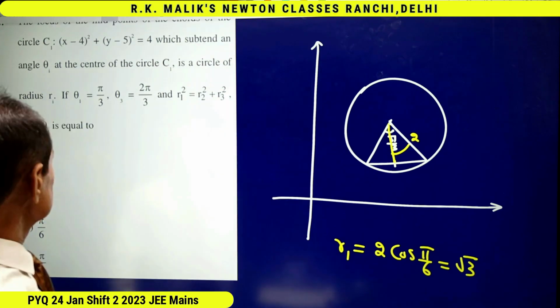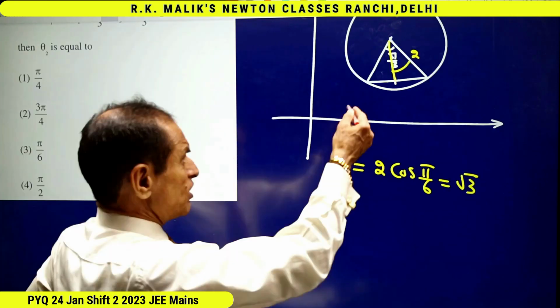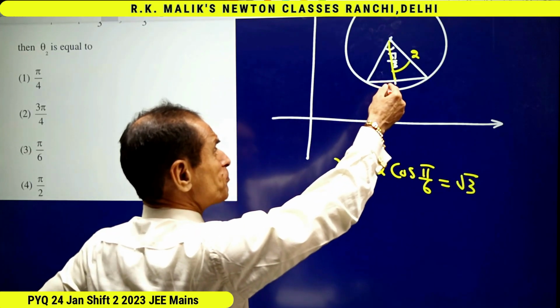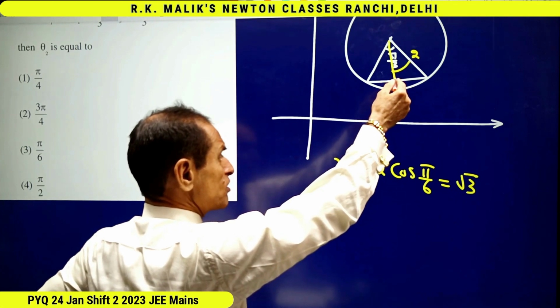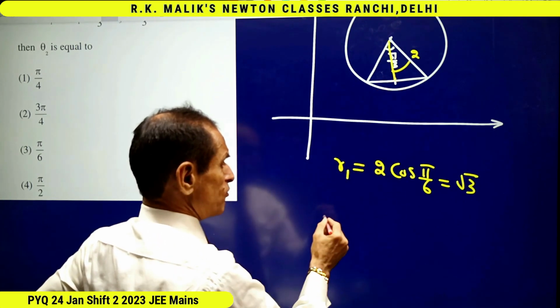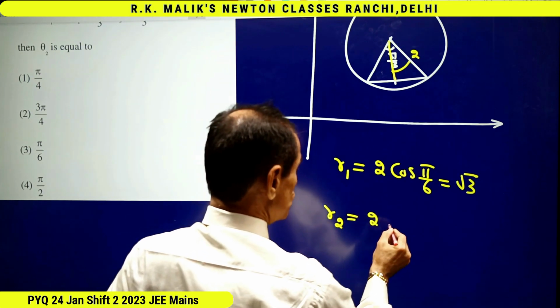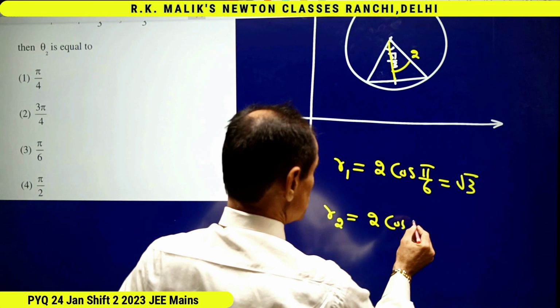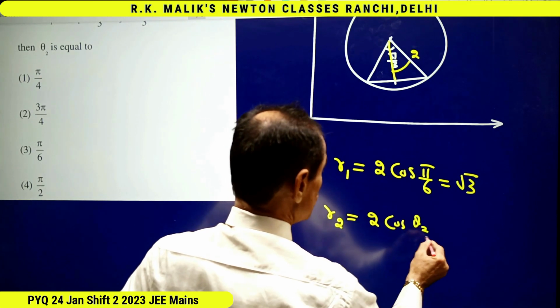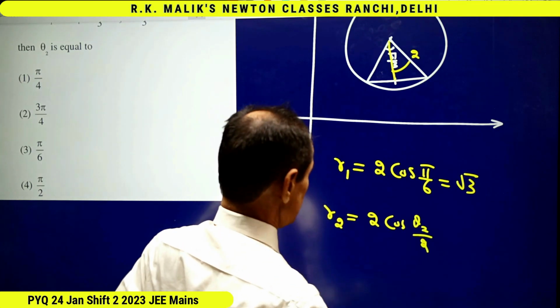root 3. Similarly, in the case of theta 2, again the locus of midpoint of the chord will be a circle, and the radius of that circle will be R2 equal to 2 cos theta 2 by 2.